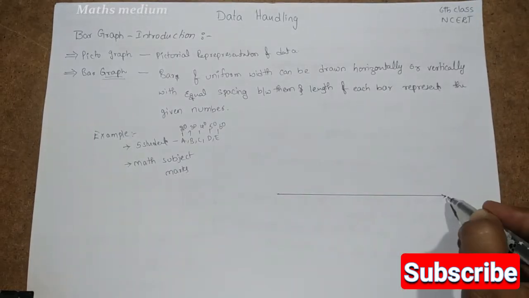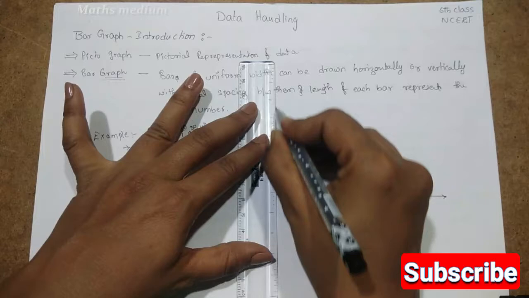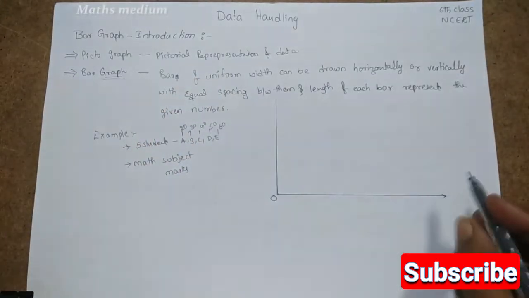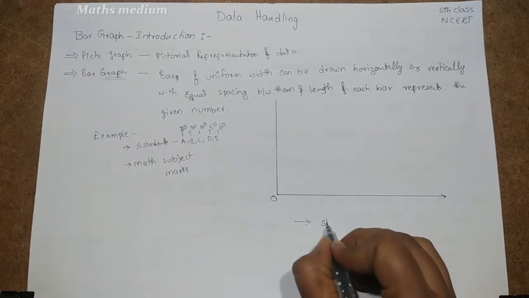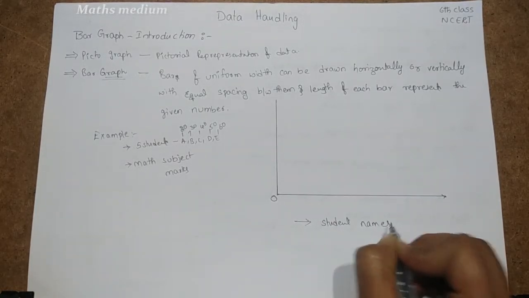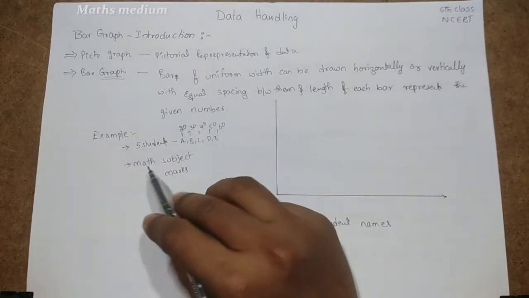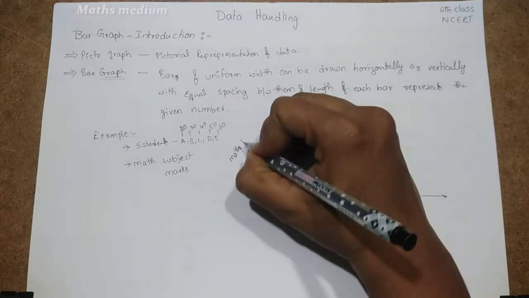Let's see. Take one axis and another axis also. This is 0. This is one axis, called names, so student names. Next, on this axis we are going to represent math subject marks.